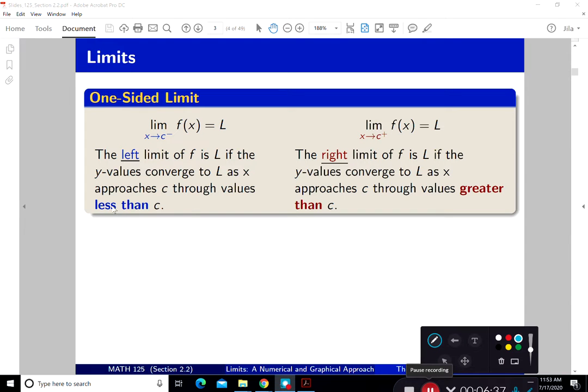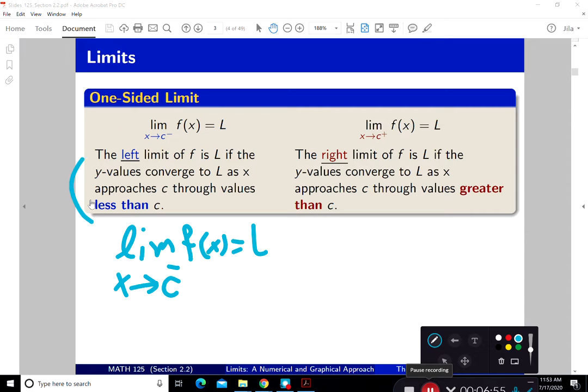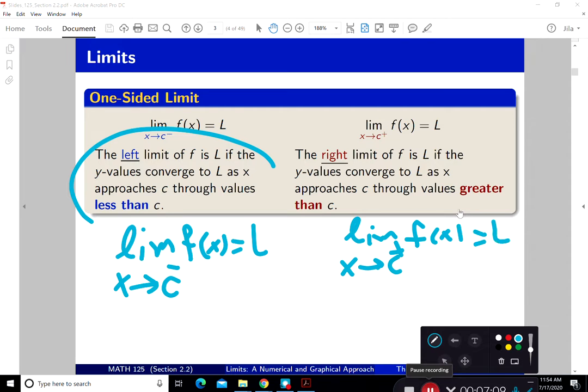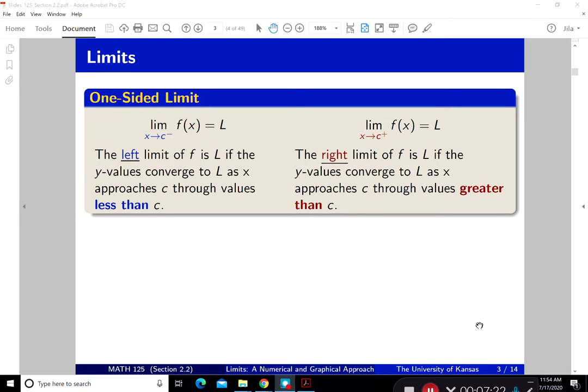It sometimes helps to see how these things are written. I start with the limit as x approaches c from the left of f of x equals L if this is satisfied, and the other one is the limit of f of x as x approaches c from the right side equals L. This is the right-hand side limit, and this is the left-hand side limit.